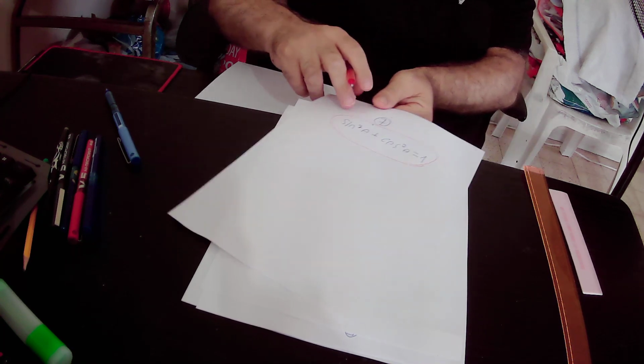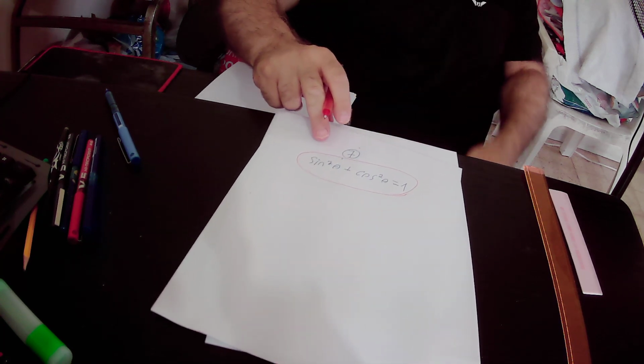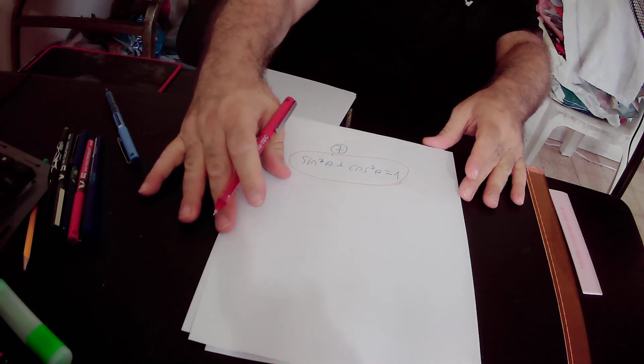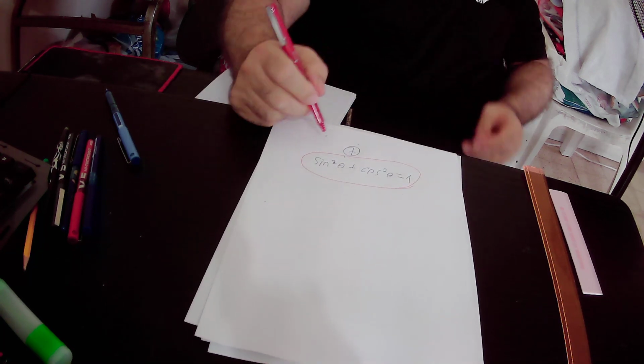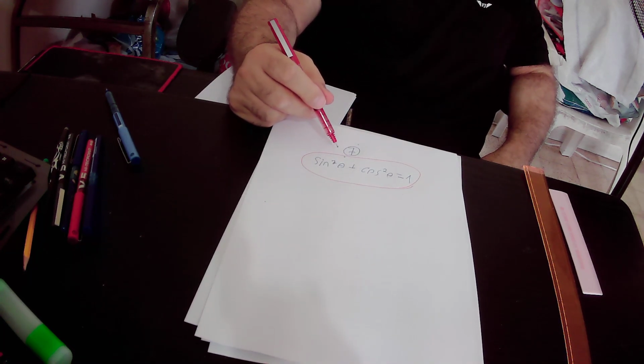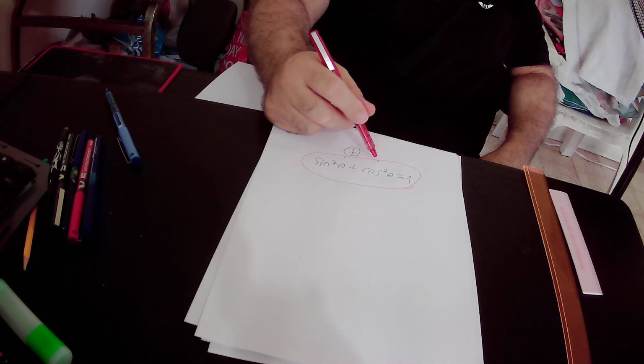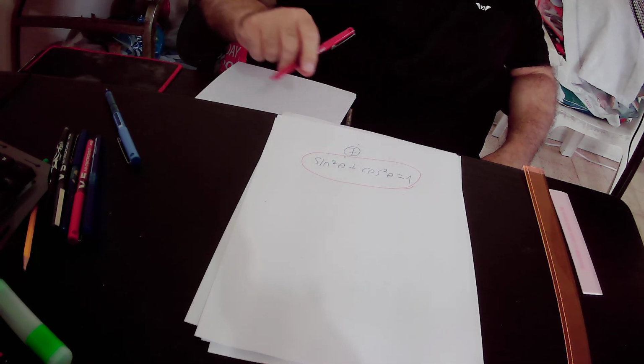This is our first trigonometric identity that states that sinus theta squared plus cosinus theta squared equals to 1.